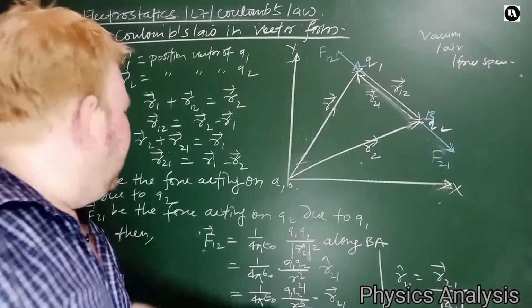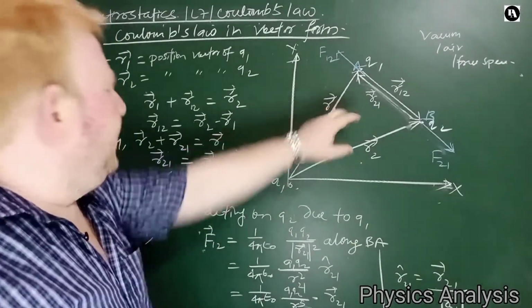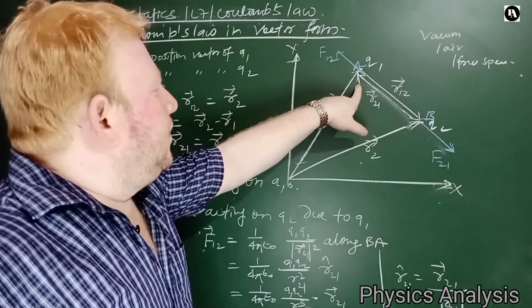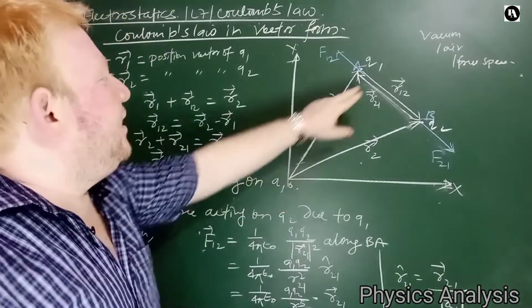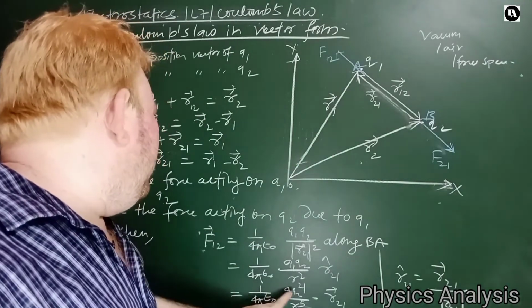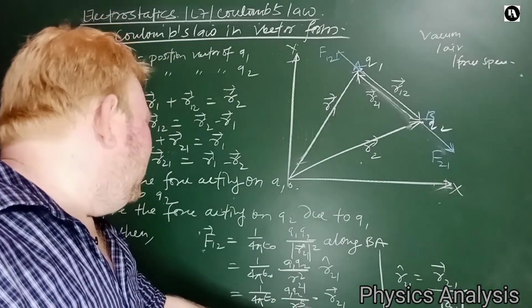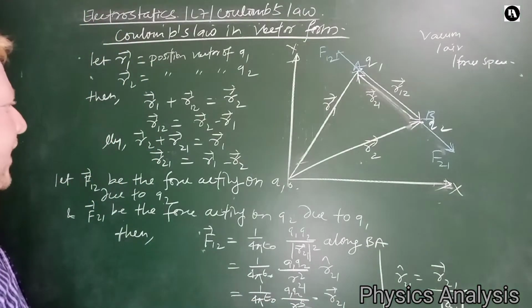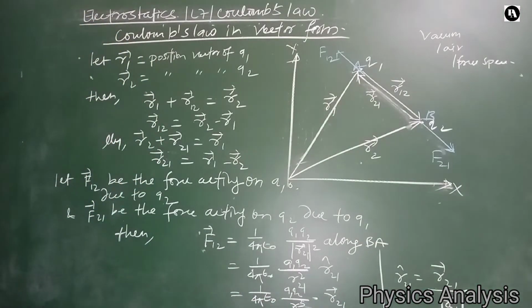So this is the vector form of Coulomb's law. F12 is equal to 1 by 4 pi epsilon naught Q1 into Q2 divided by R21 whole cube, R21 vector. Note it down everyone, note it down.